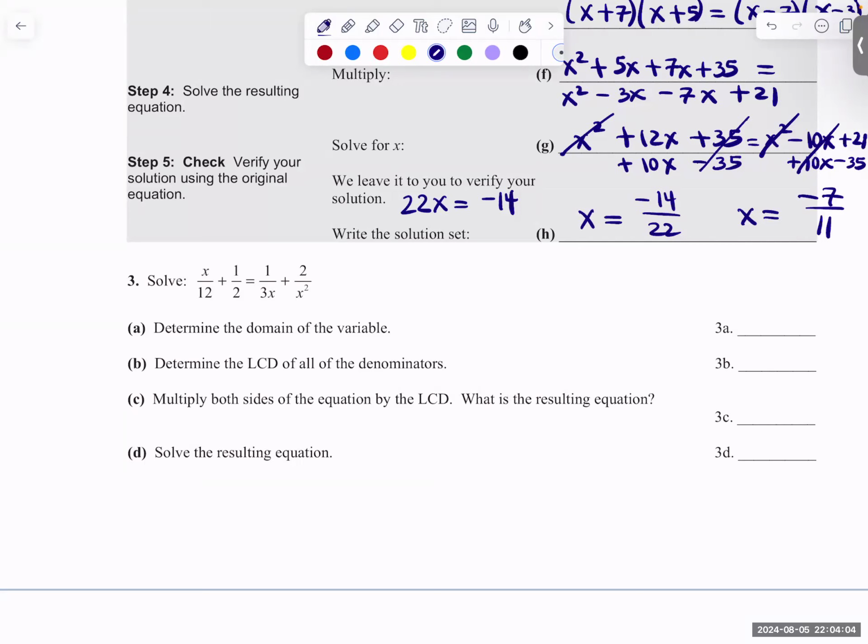So x cannot equal 0. 0 cannot be a solution. So again, that's called a restriction on the variable or an excluded value. The domain is all real numbers. Potentially, the solution can be any real number except, so what looks like a minus means except 0.